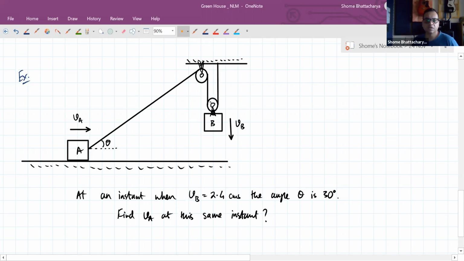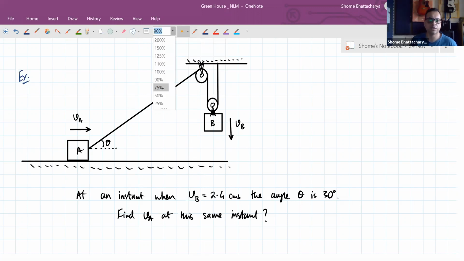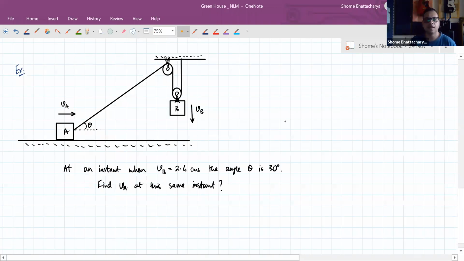So there is what we call a constraint relationship between VA and VB because of the thread length conservation over here. So you have to find that constraint relation, and from that you have to find VA. What you have to understand in this case is that theta and V are both instantaneous quantities. I mean, both the speeds VA and VB as well as the angle theta are changing with time.